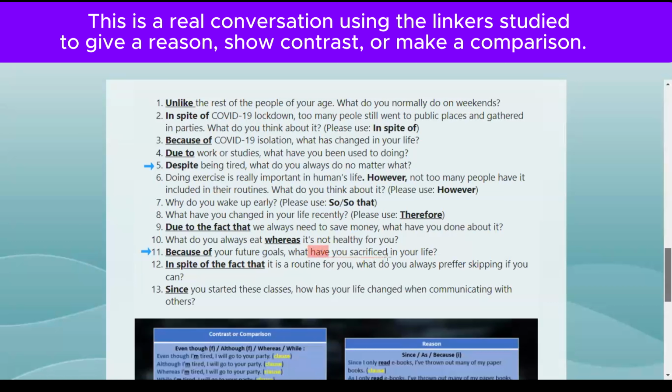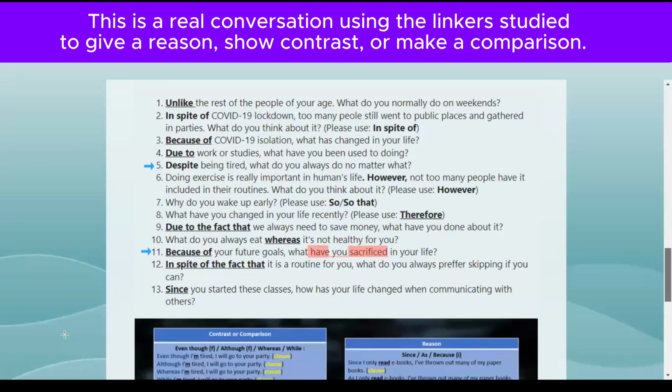So you have sacrificed a part of your time. Yeah, my free time. In that time I sacrificed, I use it for studying and preparing myself. Yes, that's the kind of sacrifices that we do in life, for sure.